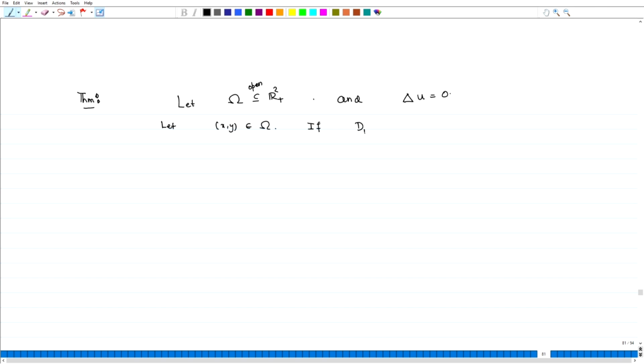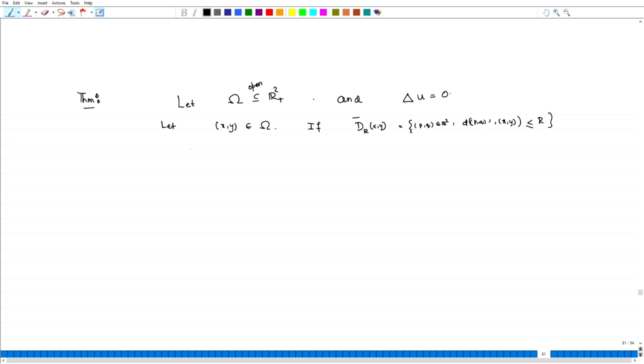Consider the disk, that is the set of all p and q in R 2 such that the distance of p and q from x y is less than r, and then the closure, if I take it, is distance less than or equal to r.